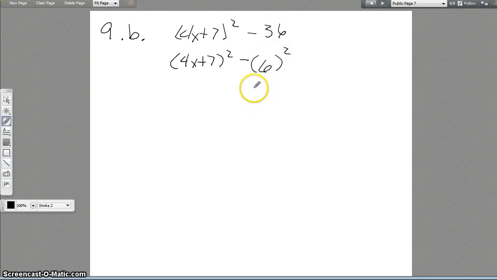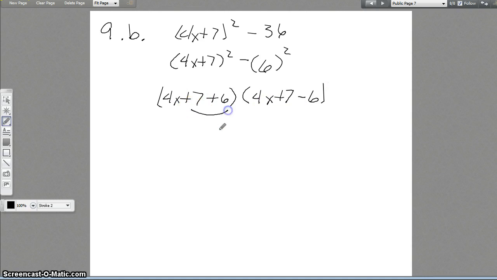So now we need to write the sum of these terms multiplied by the difference of these terms. So we're going to start with our first term, 4x plus 7, and we're going to add our second term, which is 6. Then we're going to write down our first term again, 4x plus 7, and we're going to subtract our second term, which is 6. Now we need to combine like terms.